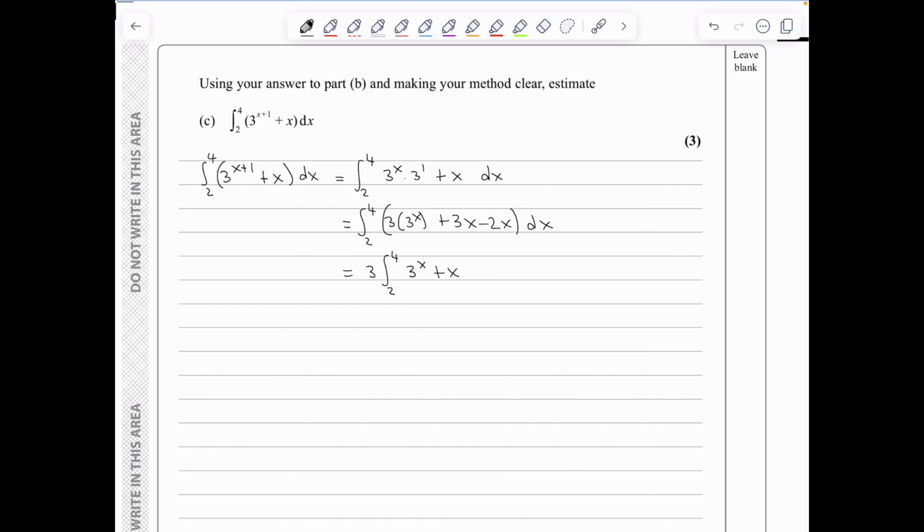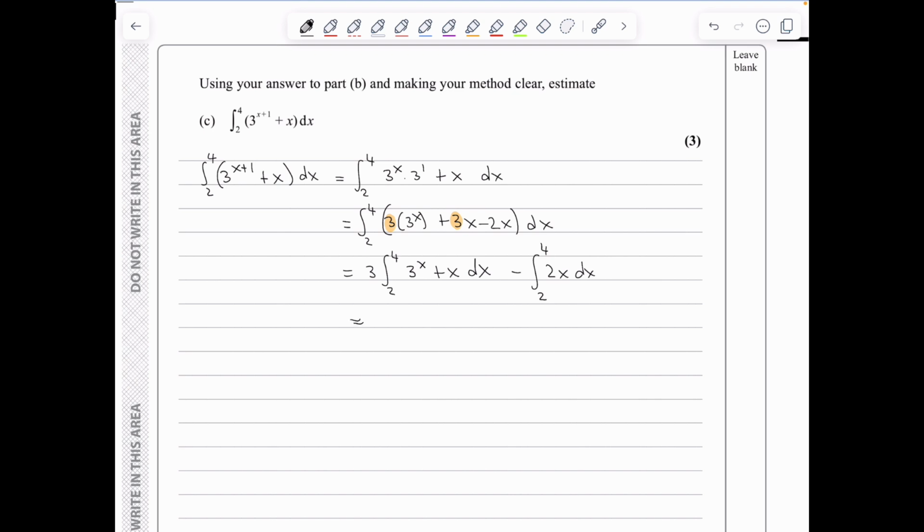So this can be written as 3 times the integral from 2 to 4 of 3 to the x plus x. So by writing x as 3x minus 2x means I've got a common factor of 3 here. So the 3 came out and I'm left with 3 to the x plus x dx, which is exactly what I have estimated using the trapezium rule in part B, minus the integral of 2x with respect to x from 2 to 4, which I can carry out analytically.